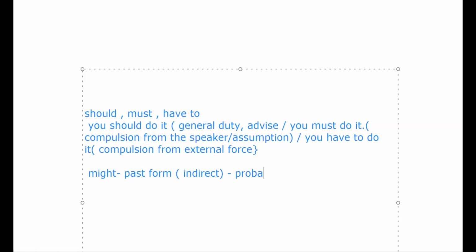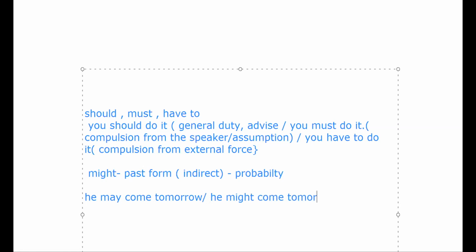You need to understand the difference between these two sentences. See here, he may come tomorrow and he might come tomorrow. Both are correct, but there is a slight difference in the meaning.